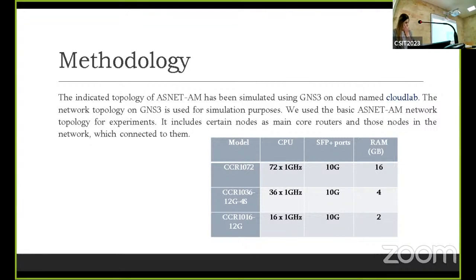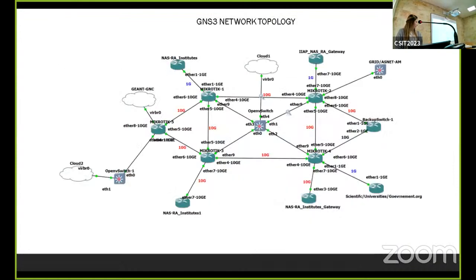In terms of routing protocols, the network topology uses distributed routing protocols, BGP and OSPF, that make the optimization in our network. In this table, you can see our router parameters like CPU, ports, and RAM, which we are using in our simulation.